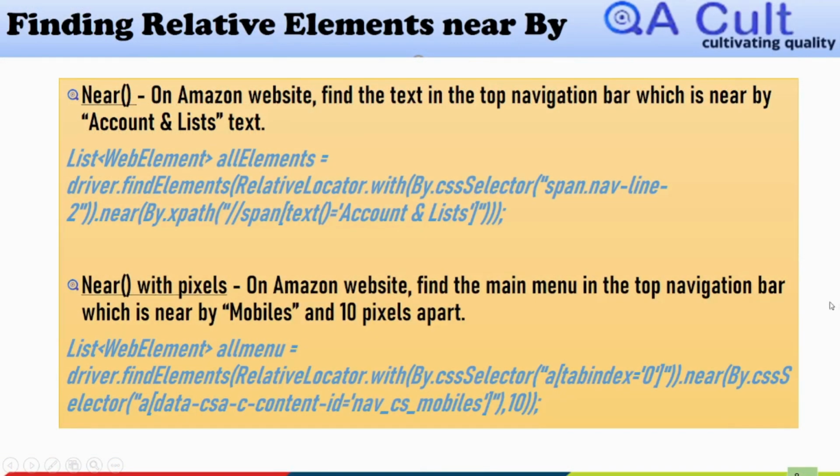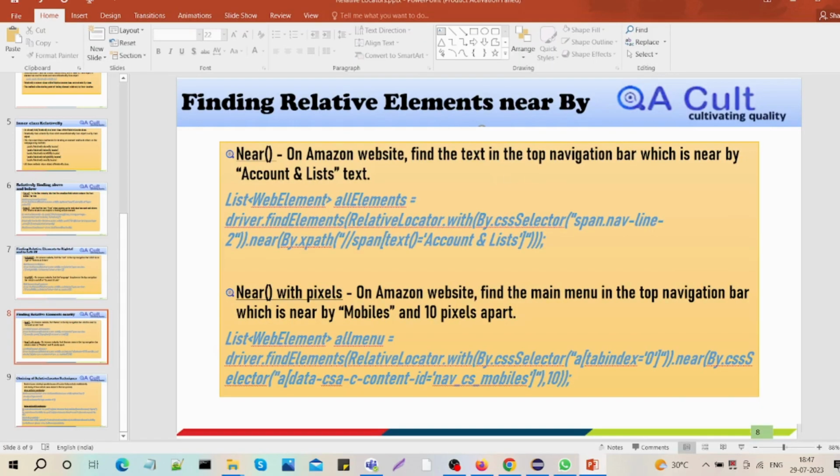Next, let's discuss finding relative elements which are nearby to a known element. For this, we will again go to the Amazon website and find the text in the top navigation bar which is nearby to the Accounts and Lists text. So let's go to the Amazon website.